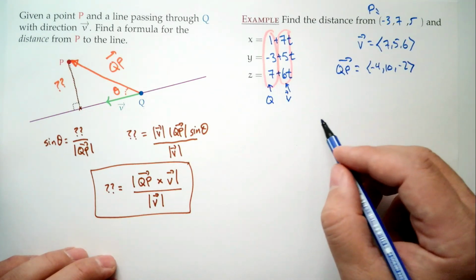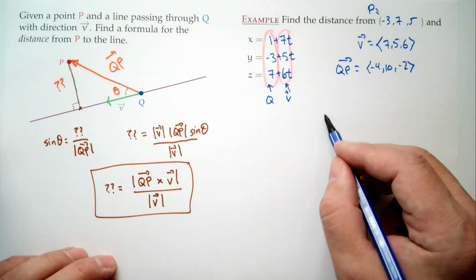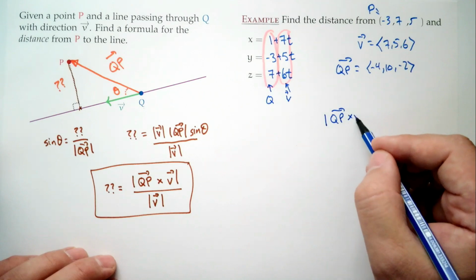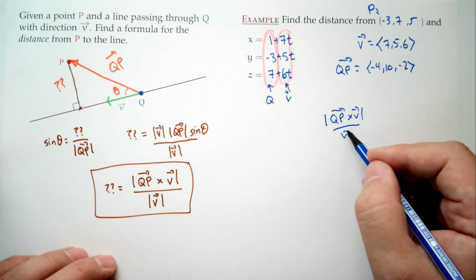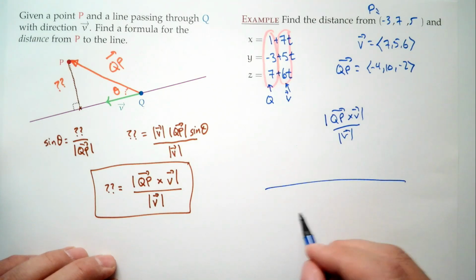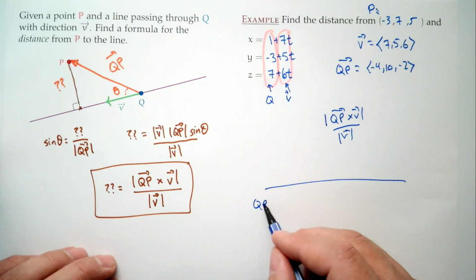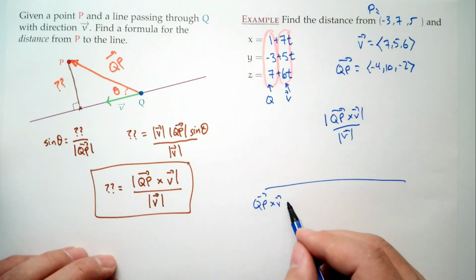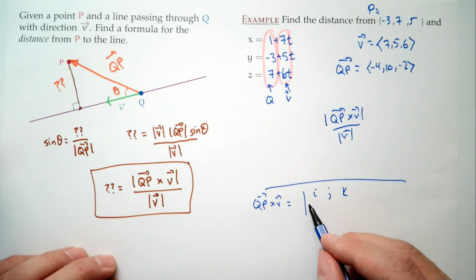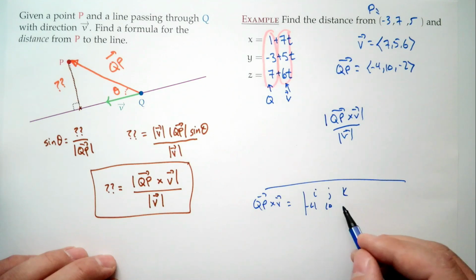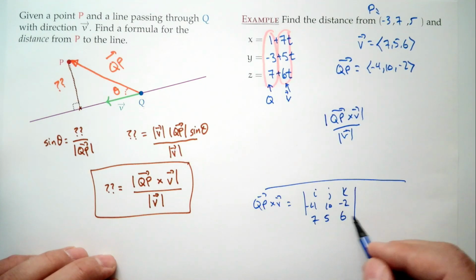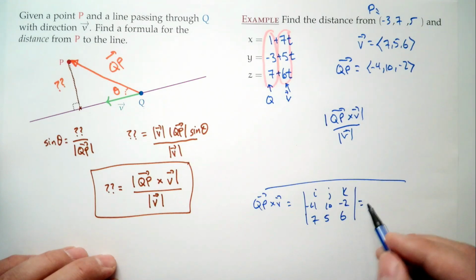And therefore the distance, we take the magnitude of QP cross V over the magnitude of V. And we probably should take that cross product really quick. Okay, so QP cross V, i, j, k. You probably can guess from what we're doing here that we should get really good at doing cross products because we're going to do these a non-trivial number of times.